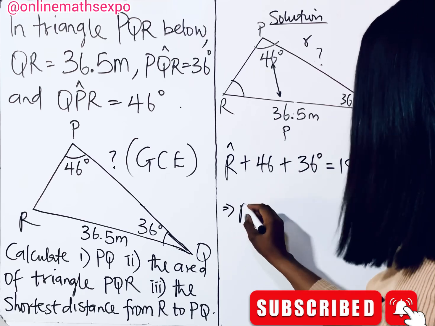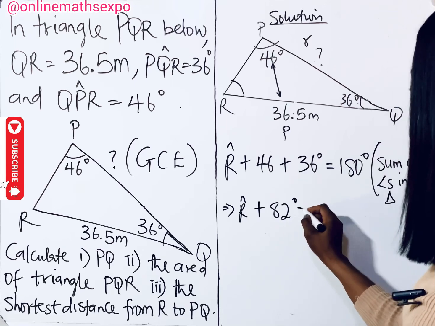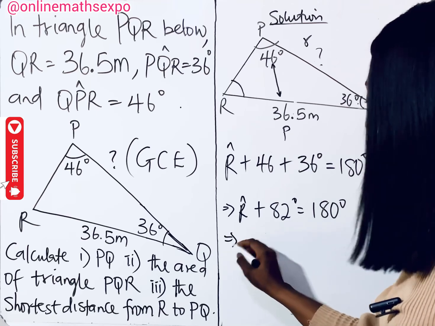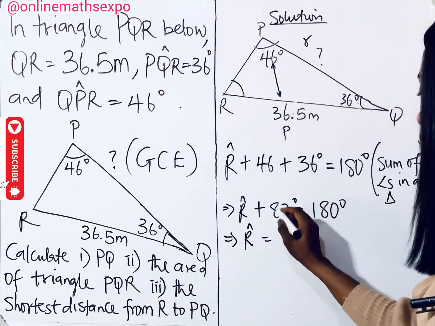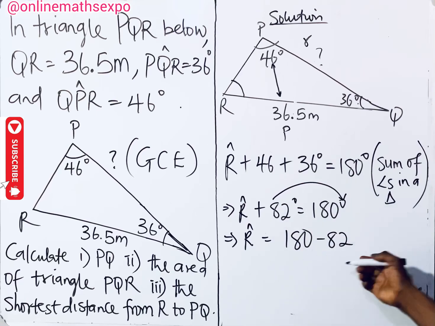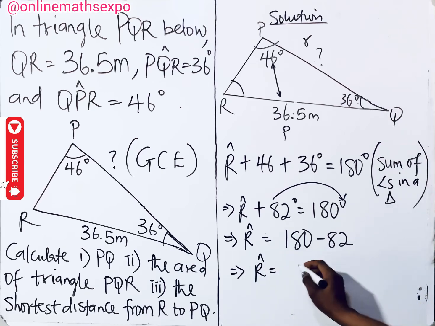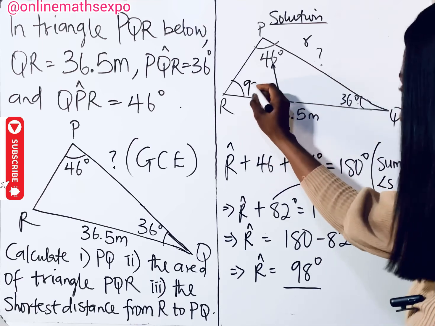We're going to have angle R. If you add this, it gives you 82 degrees is equal to 180. So we're going to have it that R is equal to 180. This is positive, so subtract from both sides. So if you subtract this, we are going to have it that angle at R is equal to 98 degrees. So this angle here is 98.